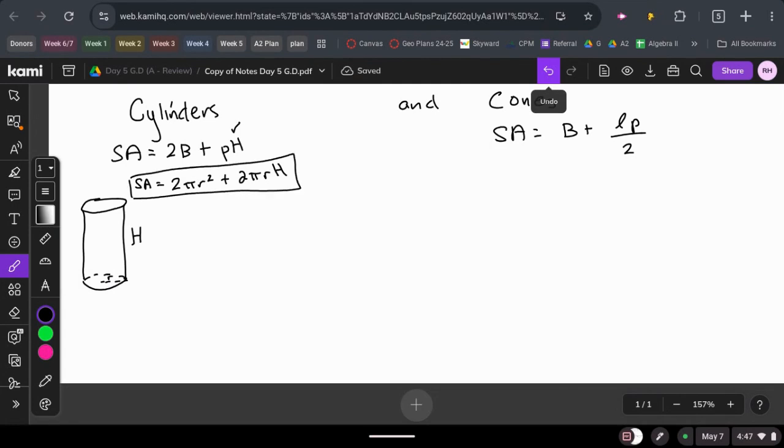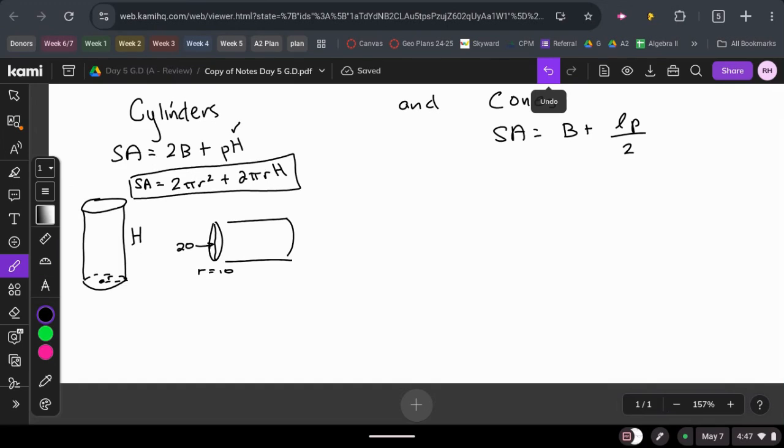So for example, if I had a cylinder like that, and I was given the whole length here, which is 20, then that means the radius would actually be 10, because the radius goes from the center to the edge, whereas this is going all the way across.